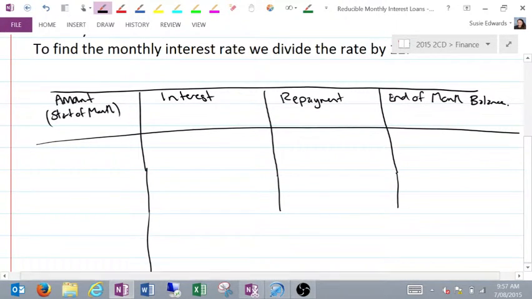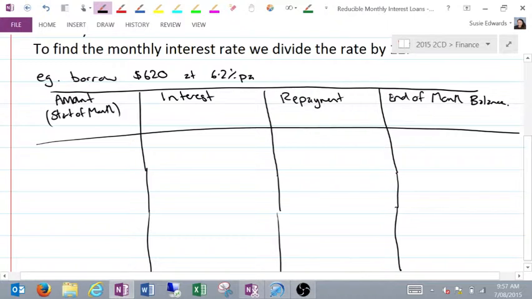So leave yourself about 10 lines, and we'll just use an example here. For example, I borrow $620 at 6.2% per annum with $150 repayments.